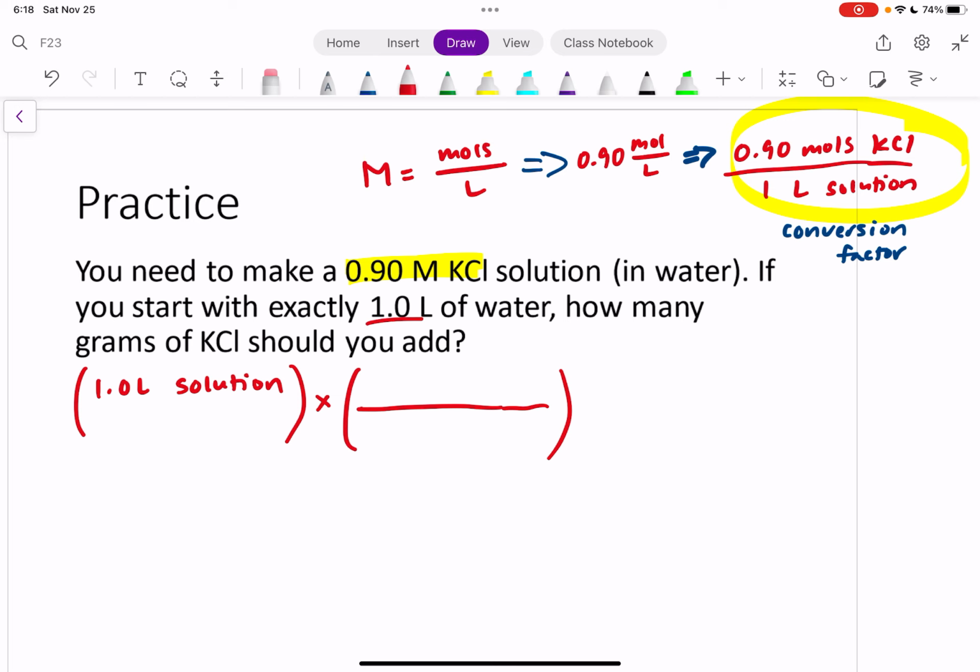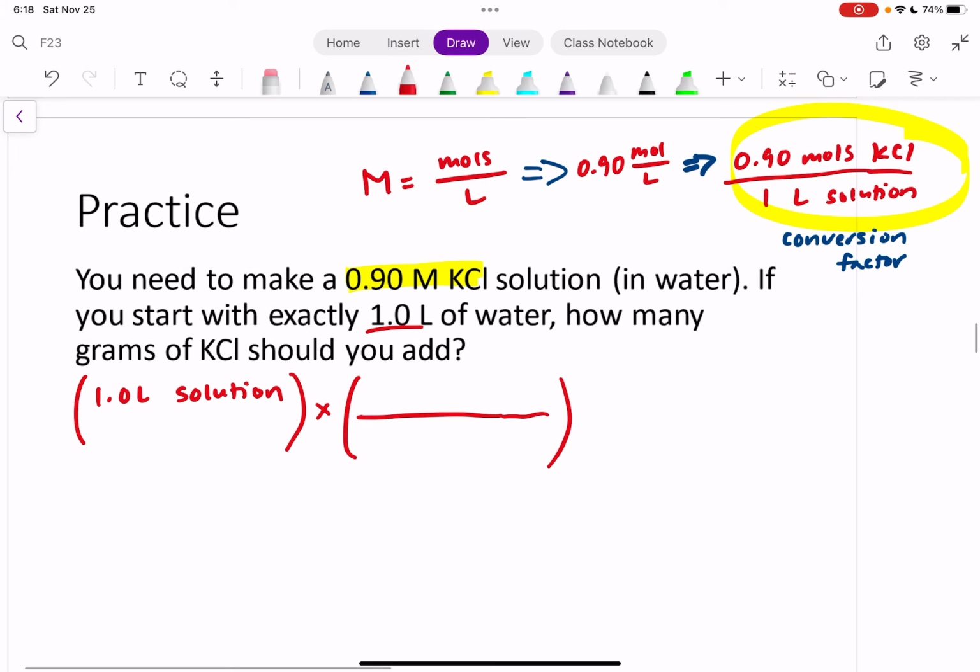Now, we want to get rid of that liter and end up with moles in order to eventually get to grams, right? So we've got 1 liter of solution on the top, and we need liters of solution on the bottom, specifically 1 liter of solution, because I'm using this as my conversion factor. And then what goes on the top is 0.90 moles of KCl.